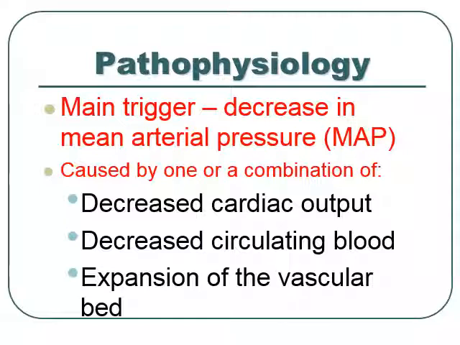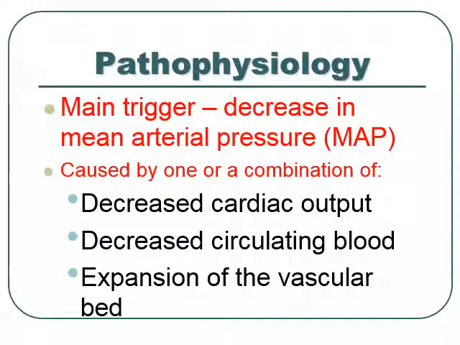When our MAP is decreased, it can be caused by one or a combination of any of the following things: decreased cardiac output, decreased circulating blood, or expansion of the vascular bed. Now think about those and understand if those make sense to you. Our mean arterial pressure is equal to our cardiac output times our peripheral resistance.